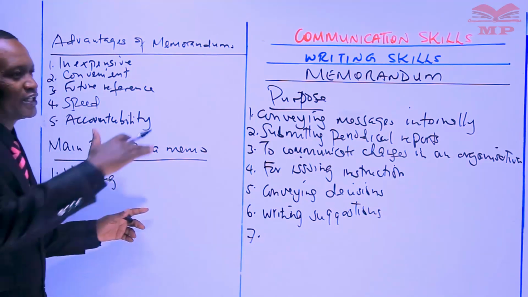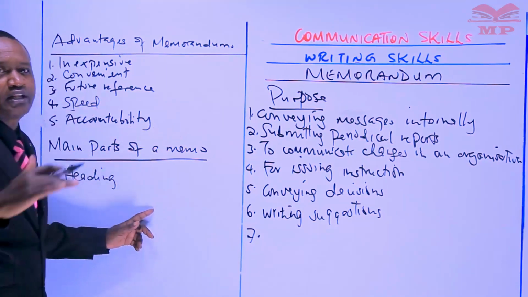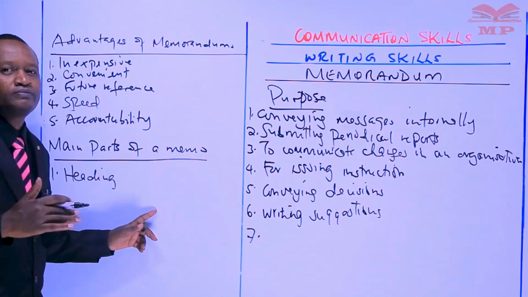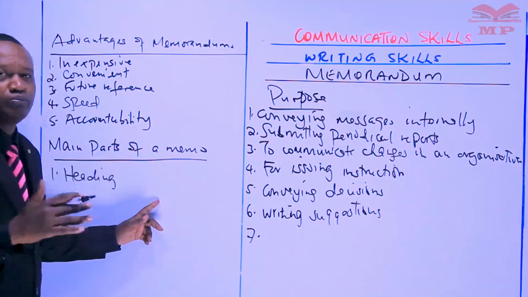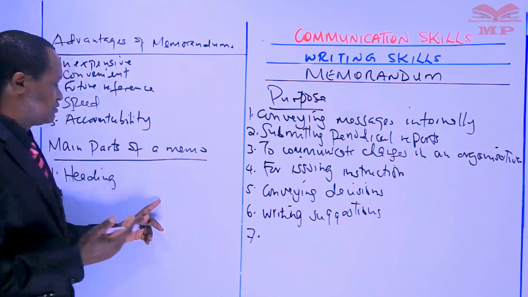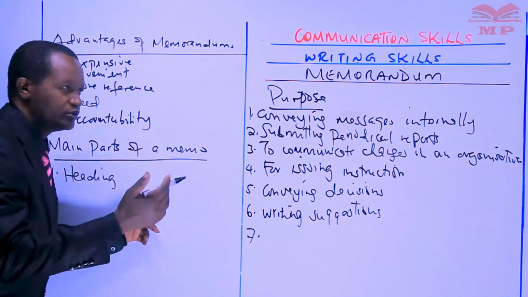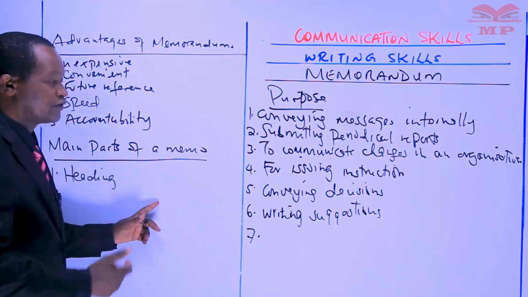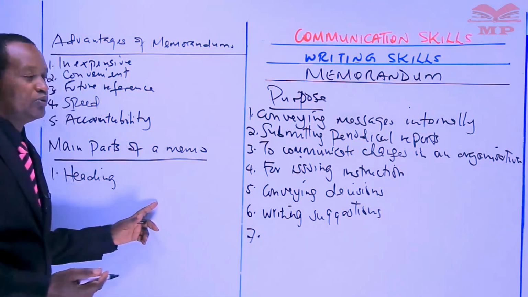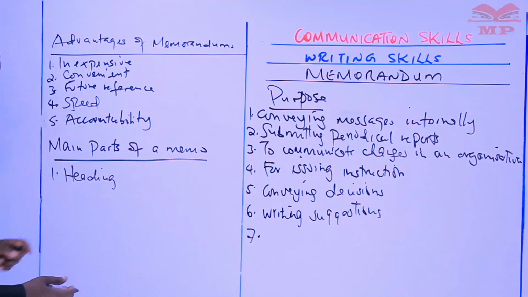The word memorandum should be written across the page. And there have to be the words To and From, and also the date. To, the one who the memo is addressed to, and From, the one who writes the memo. So that is the heading.